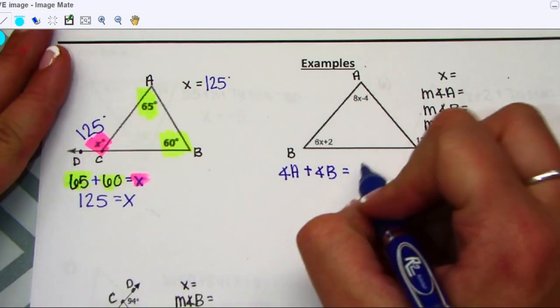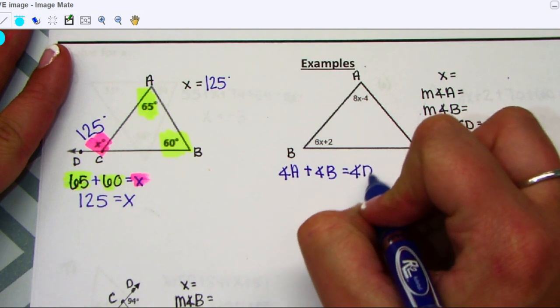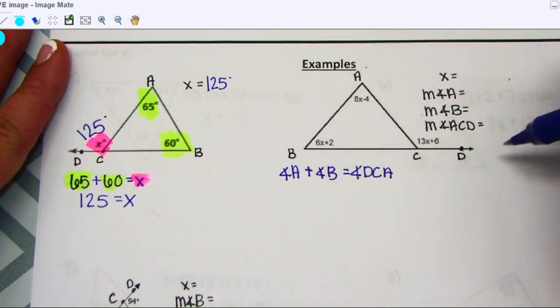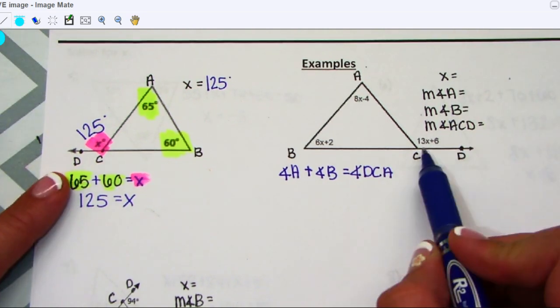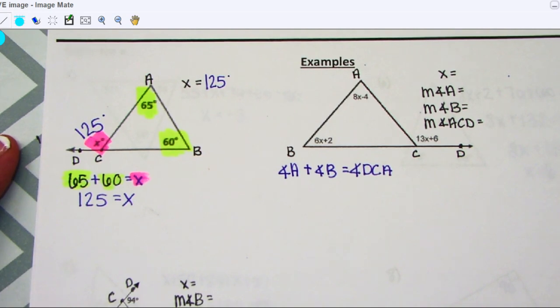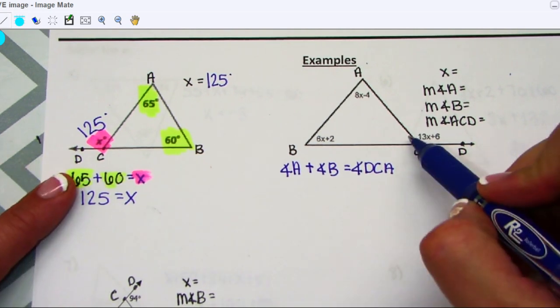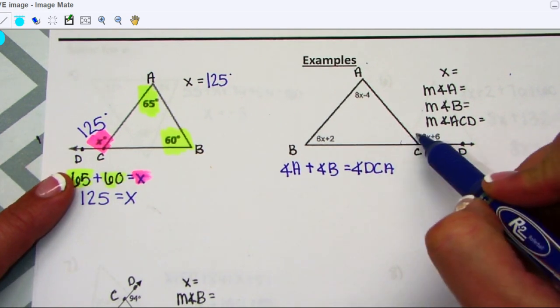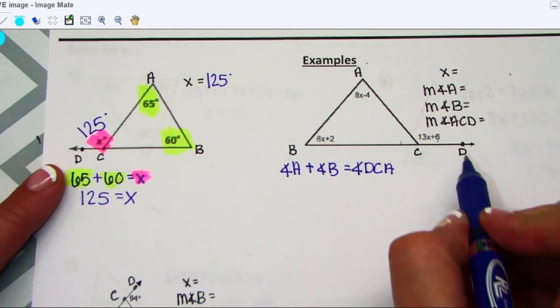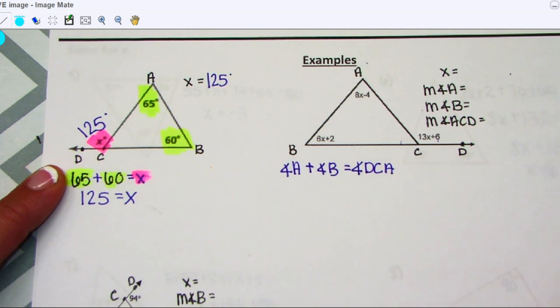Good. Angle DCA. Could I name it another way? ACD. So if you are naming the exterior angle, you're going to want to name it with 3 letters, because technically this angle right here could be angle C or this one. But naming it with 3 letters will ensure that I know which is which. So DCA is this outside.